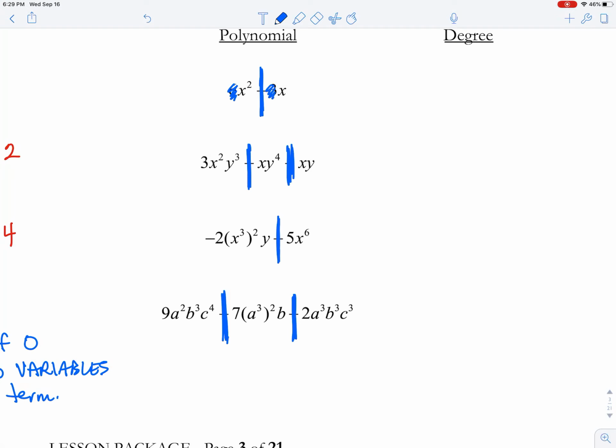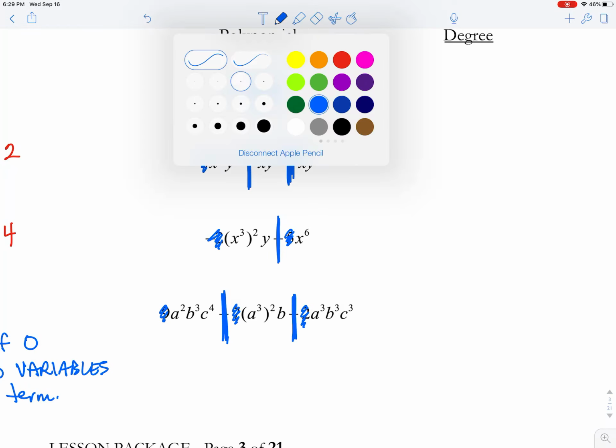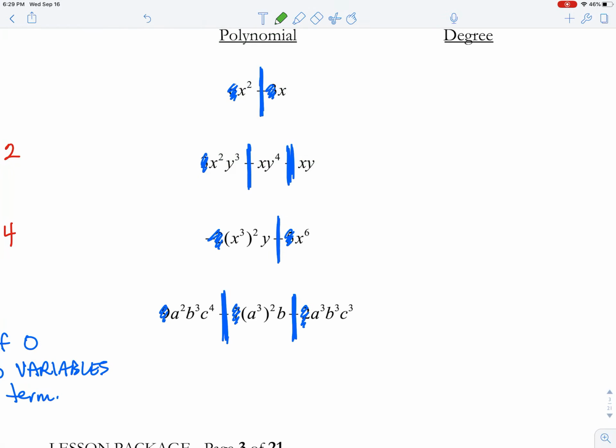So I'm also going to make sure that I'm not going to get tricked and think about the coefficients. Okay. Different colors. So for this one, it's just a 2. So the degree of this one is 2. X is by itself, it's a 1, so it has a degree of 1. So overall, out of 2 and 1, the biggest is 2, so 2 wins for that one.